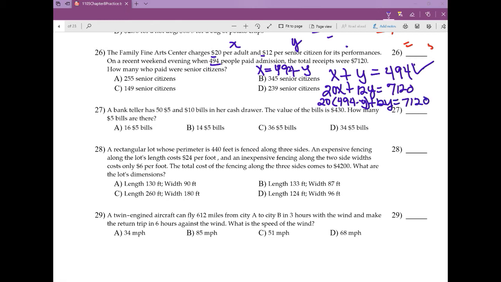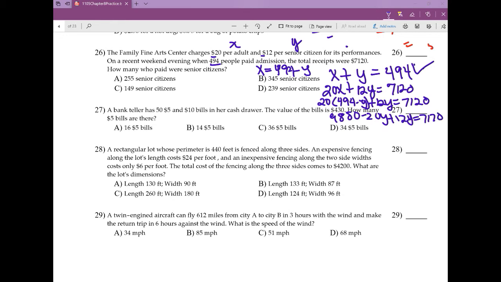is 7,120, and so I believe this gives you 9,880 minus 20y plus 12y is equal to 7,120.